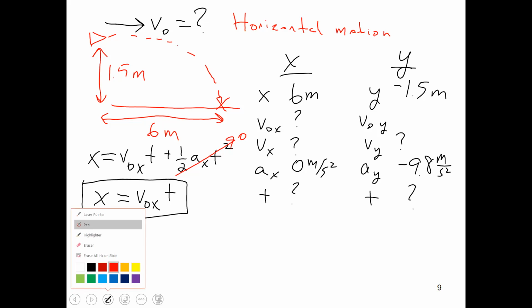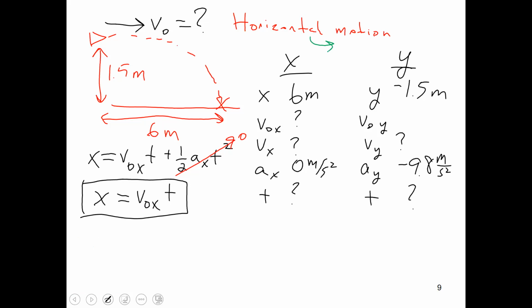If that motion was horizontal, that means it wasn't initially traveling in the y direction at all. So anytime we see this horizontal motion, that tells us that at that moment when our object was traveling horizontally, our velocity in the y direction was 0.